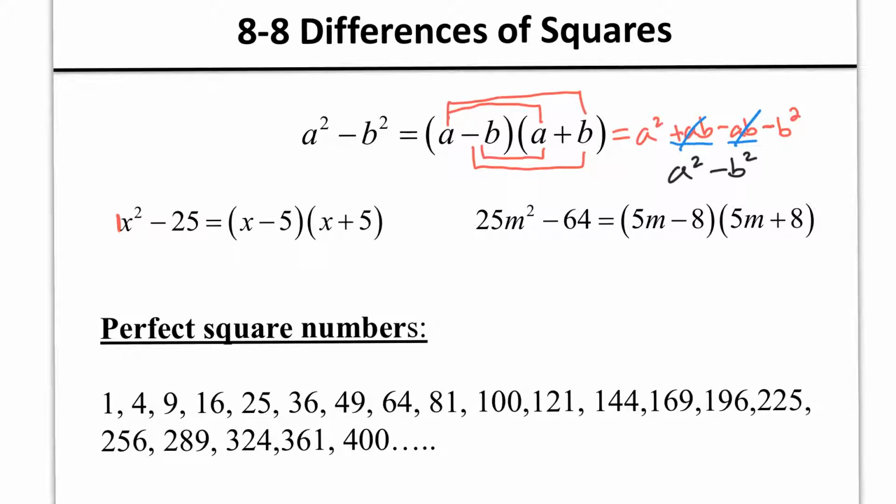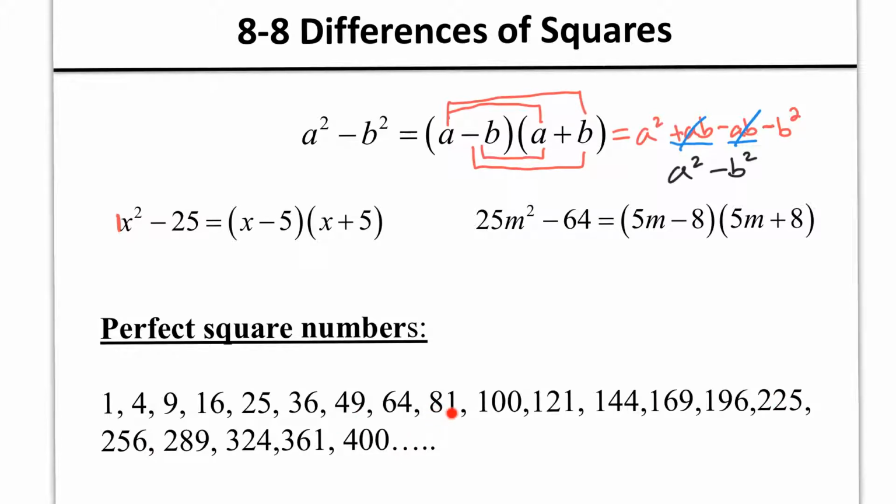If you know how to identify those numbers, you are going to use the square root of the numbers. So 25 is a perfect square number right here. The square root of 25 is 5. 1 is a perfect square number right here. The square root of 1 is 1. Every time you have those perfect square numbers in your binomial, you can use the square root of that number.